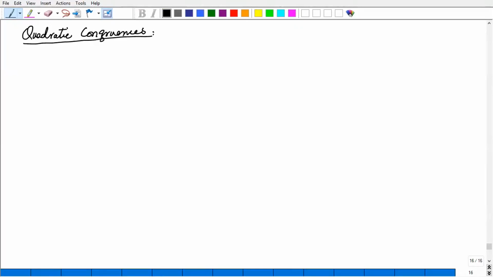Okay, let me introduce a general quadratic congruence, that is ax² + bx + c ≡ 0 modulo p.